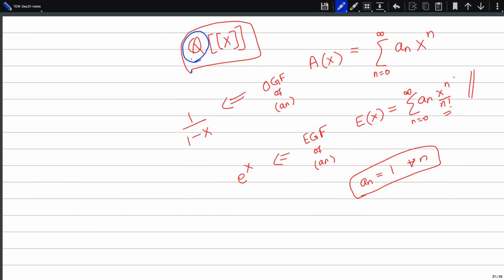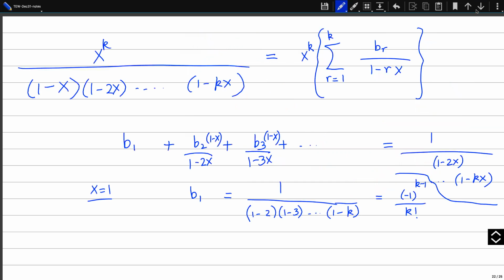That's not required, but it's probably not enough to always only assume integer coefficients, because sometimes it's useful to consider a different type of generating function, called the exponential generating function of the sequence a n, which looks like a n x power n over n factorial. Let me show you a place where that occurs naturally.